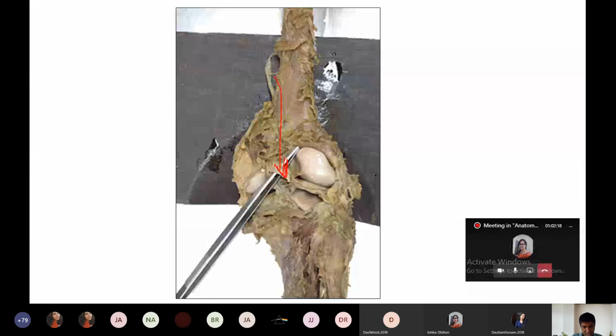Very, very important. And I'm pointing out a very, very important muscle in the popliteal fossa. Unlocking the knee, a very popular statement in anatomy, especially in the lower limb related to the knee joint. This is the unlocker for the knee. So what is the unlocker? What is the key? You can tell quickly.